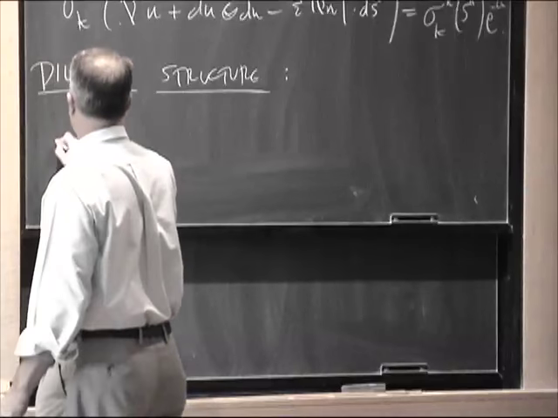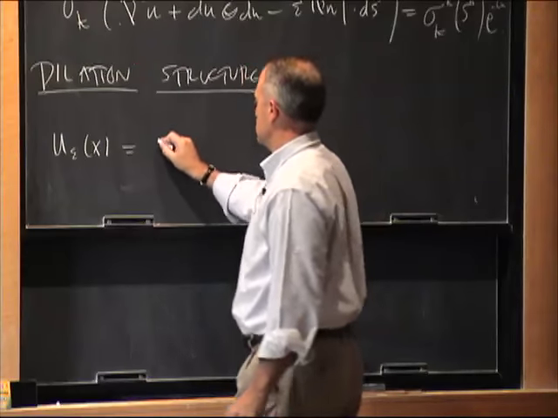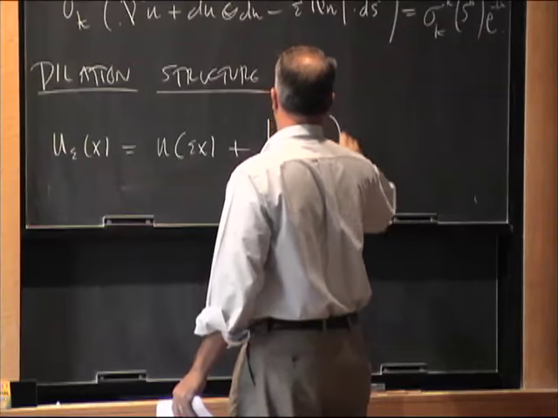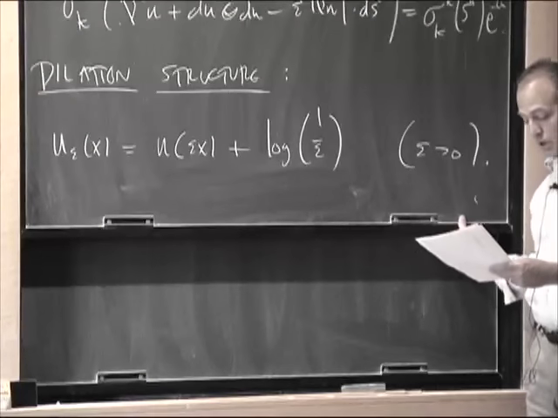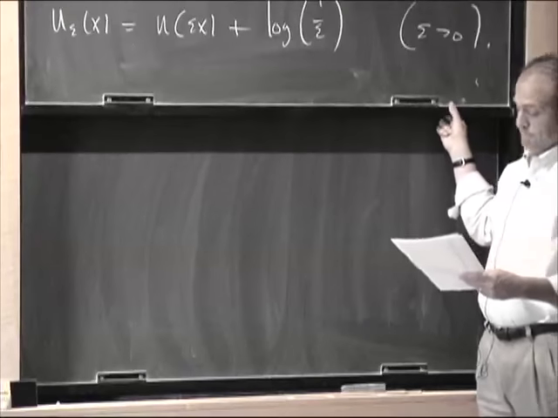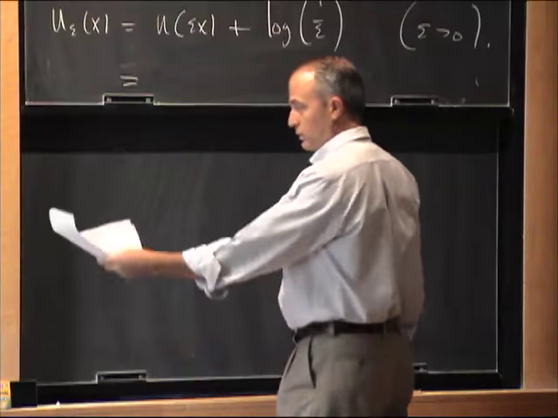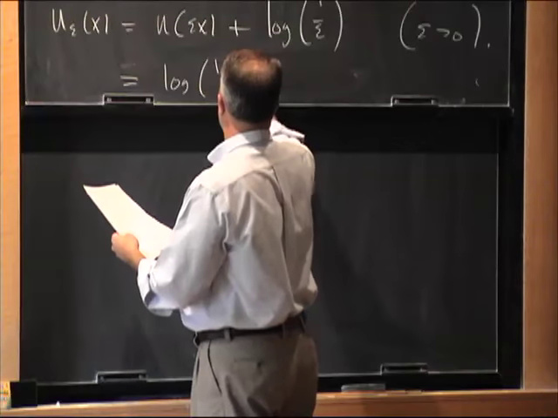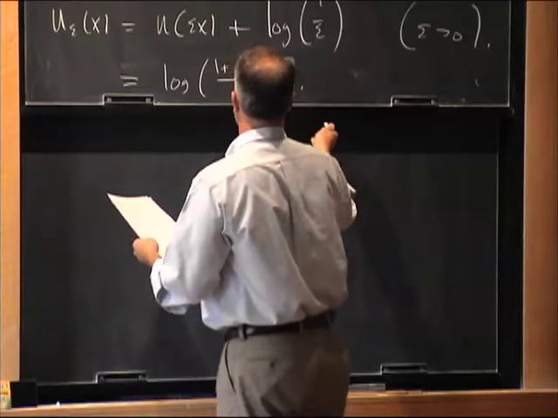Then you can define another solution, u sub epsilon of x, which is u of epsilon x plus log 1 over epsilon. So here epsilon is positive. Think of it being, say, a small number. Now you can use the formula for u and see exactly what this is. It doesn't really matter. It's log of 2 epsilon over 1 plus epsilon squared x squared.